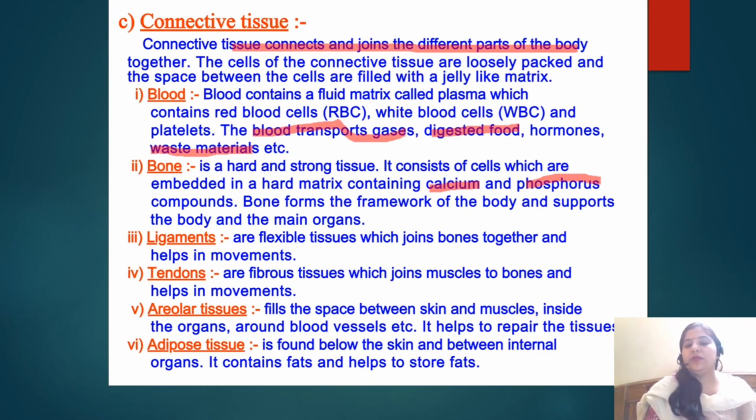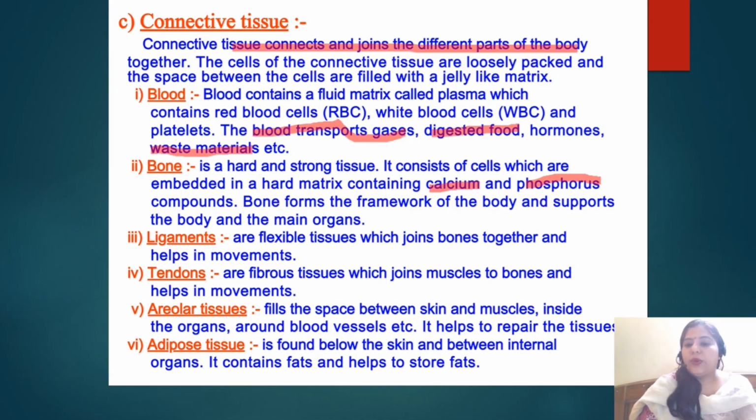Ligament is a connective tissue which is very flexible, and basically it helps in between the joints. Say for example, one bone is joining with another bone, so in between these two bones ligament will be present. Here you can see wherever there is bone to bone attachment, in between that ligament is present.